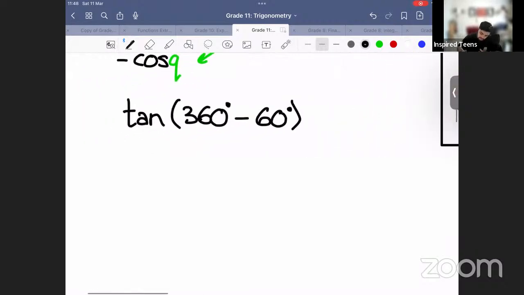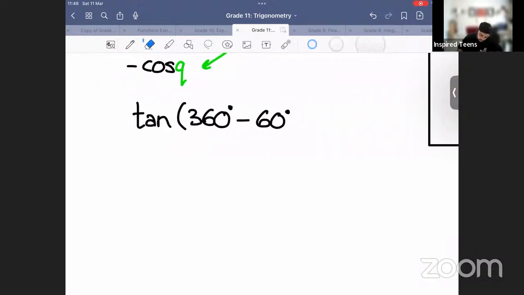Okay, so I'm reducing the angle of 60. Yes, this could be written as tan 300, but I'm just reducing it. So you can treat this like theta as well. Actually, we also don't know the value of tangent 300, but what we can do is say 360 minus 60, because we can get the value of tan 60 and then get the answer.